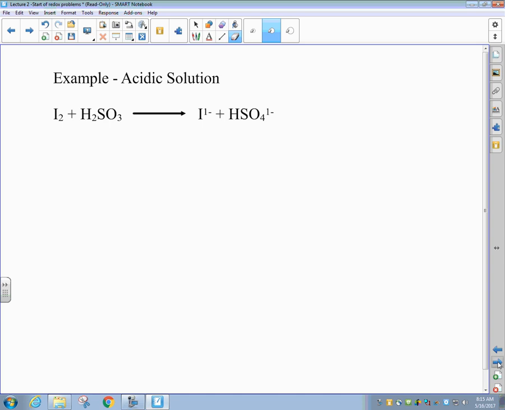Remember that oxidation numbers are a tool to determine where the electrons are moving. So for molecular iodine, the oxidation state is 0 because it is neutral and it is an element, a diatomic element here. For sulfurous acid, the first thing that I'm going to look at is the oxygen. I know oxygen is almost always going to have an oxidation state of -2.